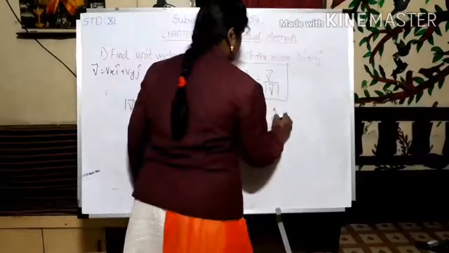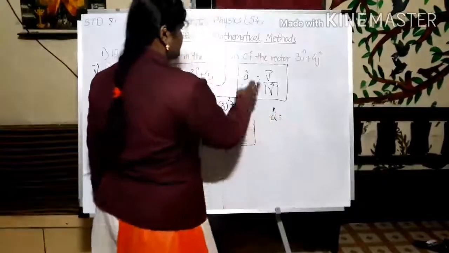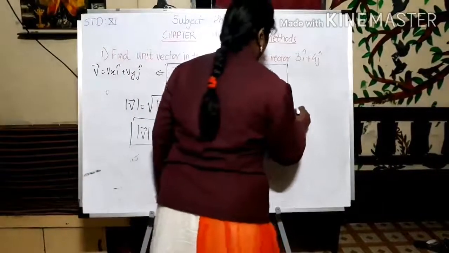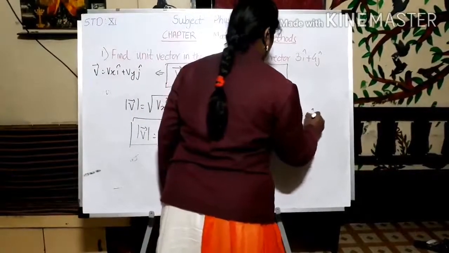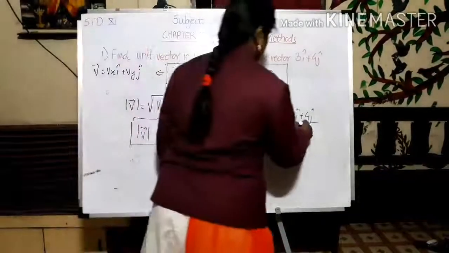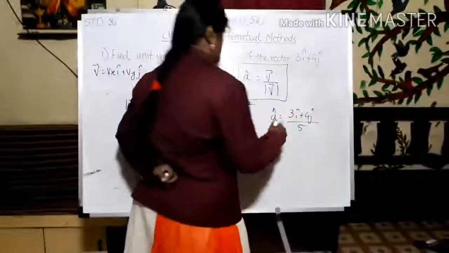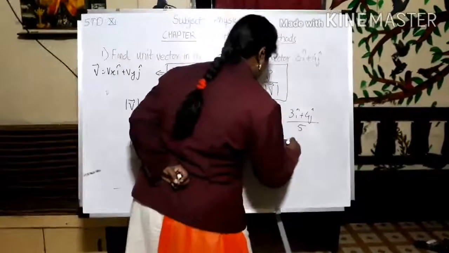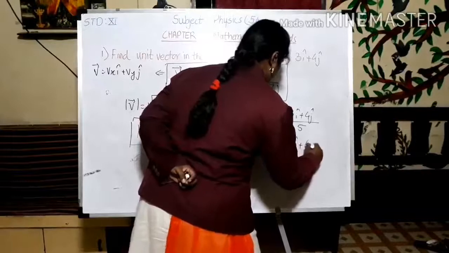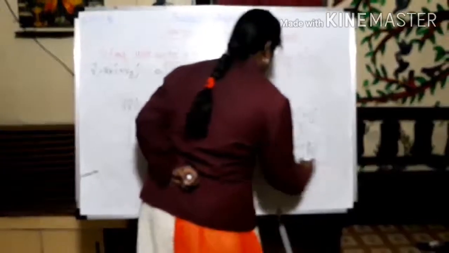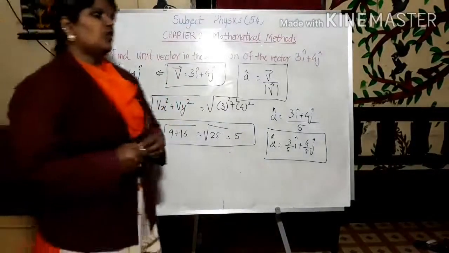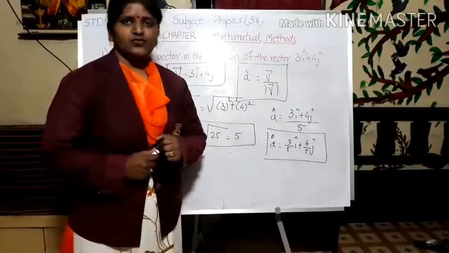So I will get the unit vector. What is v bar? V bar is 3i cap plus 4j cap divided by 5. If I split, I will get 3 by 5 i cap plus 4 by 5 j cap. So this is the unit vector in the direction of the vector 3i plus 4j.